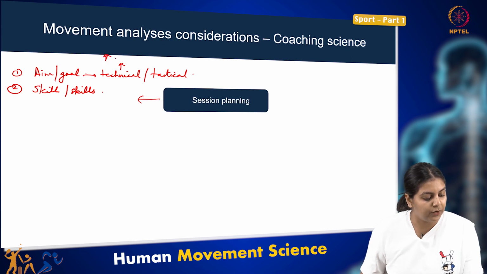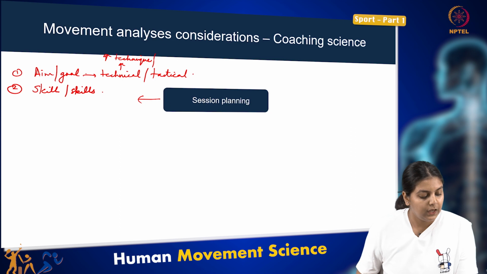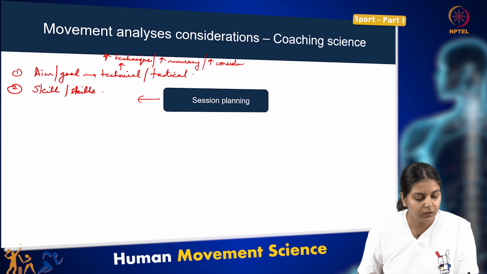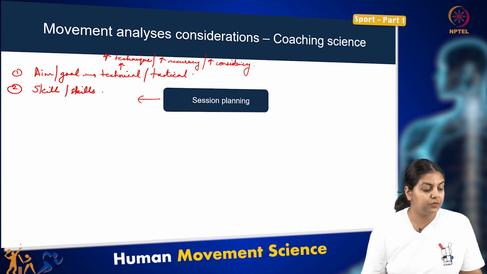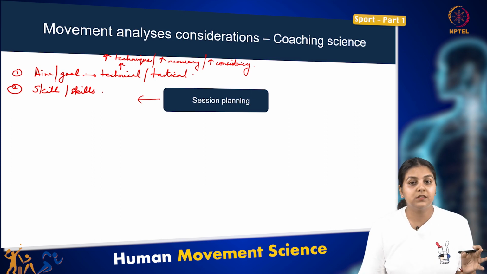And further within technical, is it to improve technique? Is it to improve accuracy? Or is it to build consistency? So there could be different aims or goals of the session. These are some of the aims for you. And through this, what is the skill?